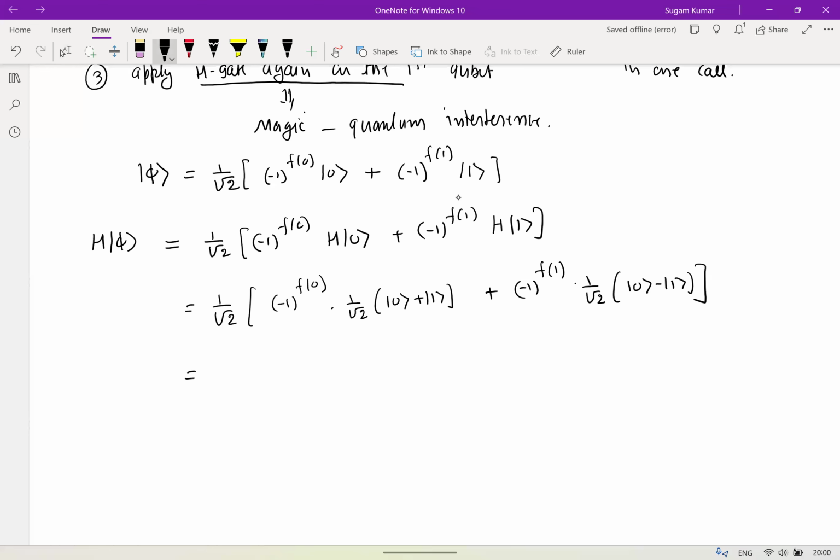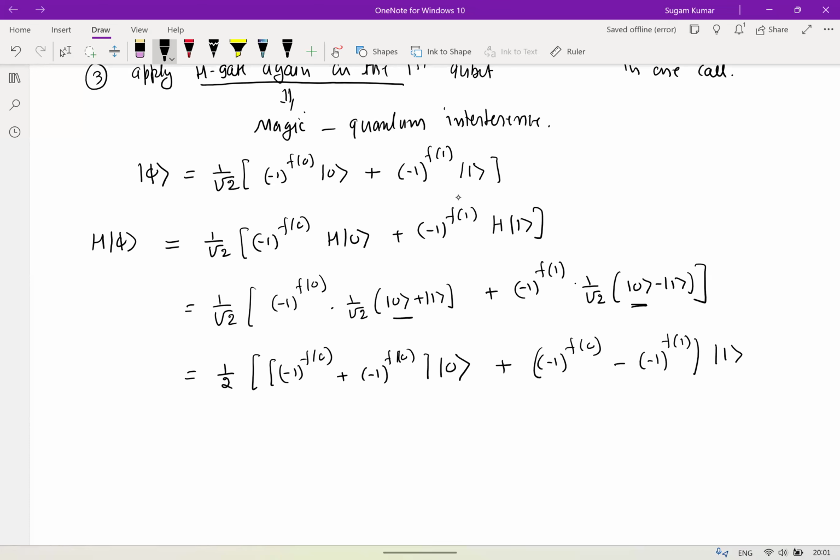Let's segregate the 0 and 1. So 1 by 2 comes out, and the coefficient of the 0 state is (minus 1)^f0 plus (minus 1)^f1, and the coefficient of the 1 state is (minus 1)^f0 minus (minus 1)^f1.